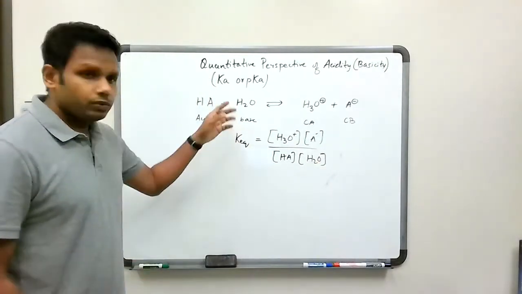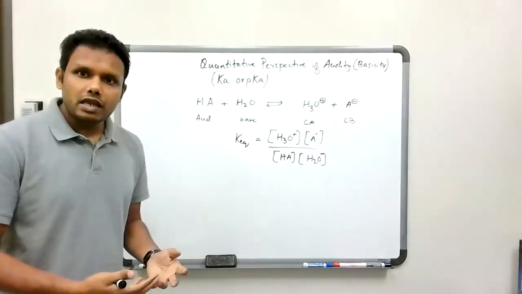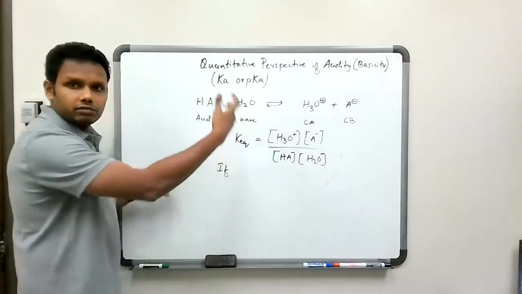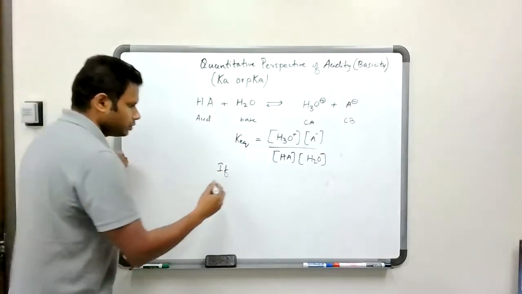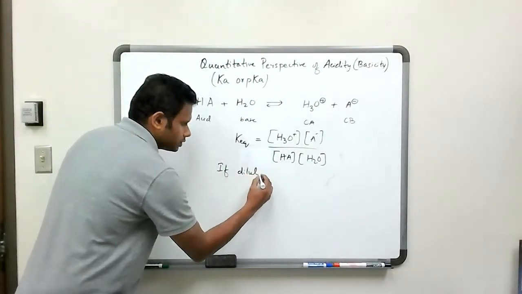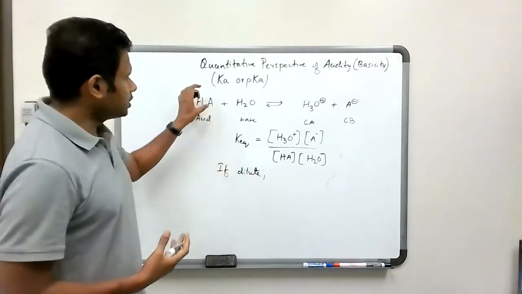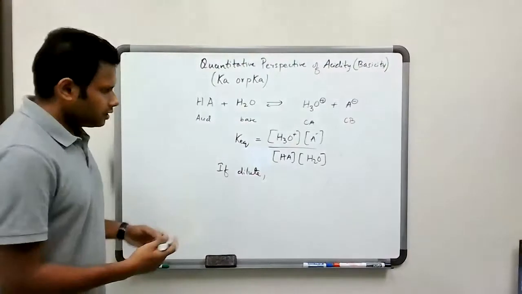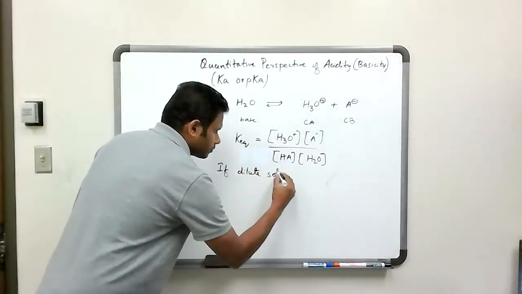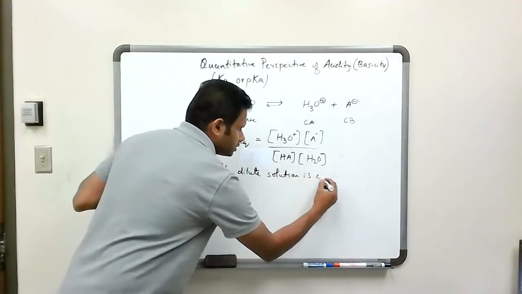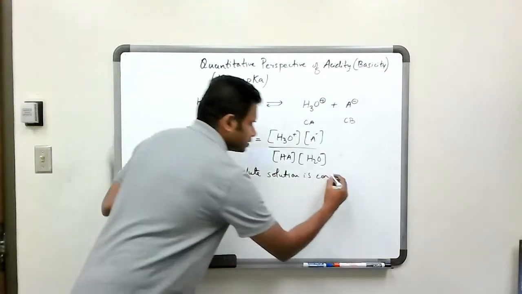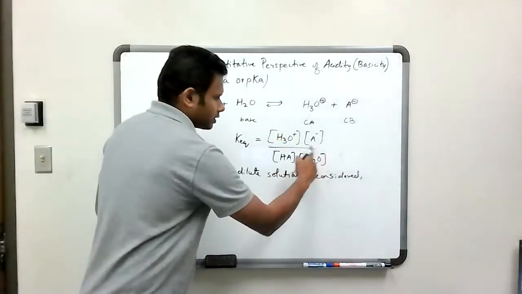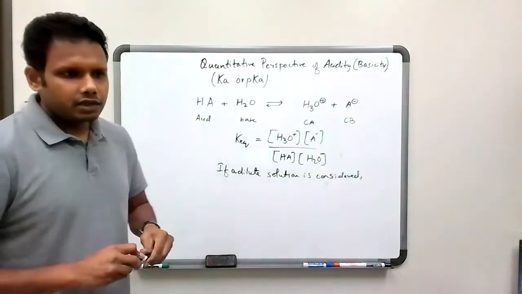Now, like I said, we are using water as a base, but if this is an aqueous solution, that means we're using water as a solvent also. And if this solution is dilute, where the concentration of the acid is little compared to the concentration of water, then essentially the concentration of water is in excess.